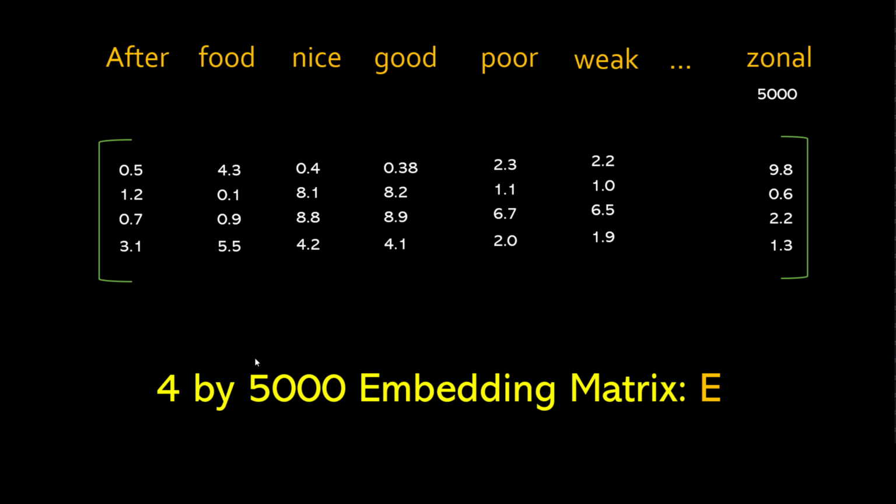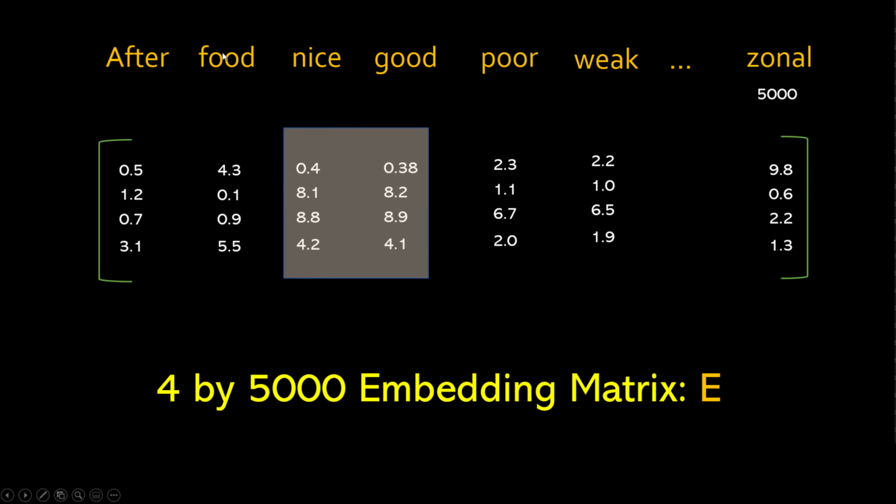Eventually it will come up with an embedding matrix that can represent words nicely. If you look at this particular example, nice and good are kind of similar words, so the numbers are kind of similar. You see 0.4, 0.38, 8.1, 8.2.